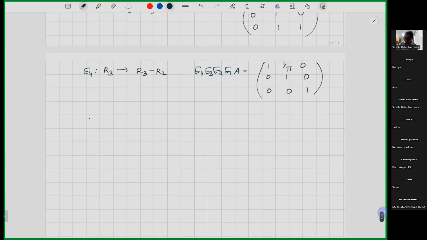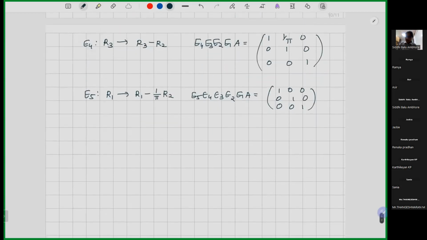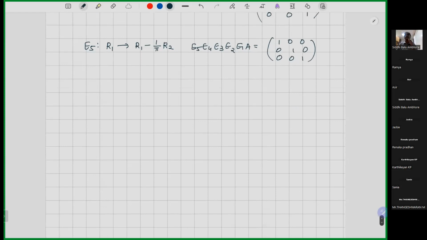And the last thing to do is E5, R1 going to R1 minus 1 by pi R2. And this matrix E5, E4, E3, E2, E1A is now my identity matrix. And it has 3 non-zero rows, right?